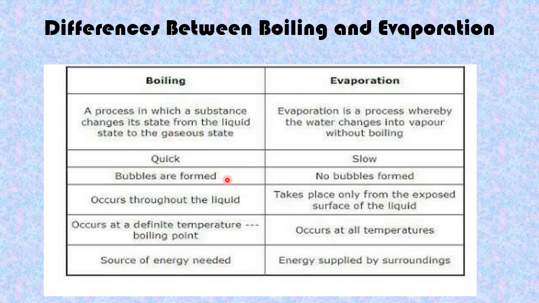In boiling, bubbles are formed, and in evaporation, no bubbles are formed. Boiling occurs throughout the liquid, whereas evaporation only takes place on the surface of the liquid. Boiling occurs at a definite temperature, which is the boiling point, while evaporation occurs at all temperatures.